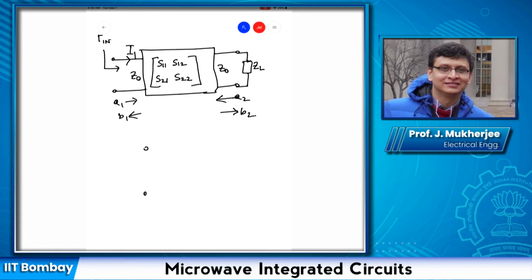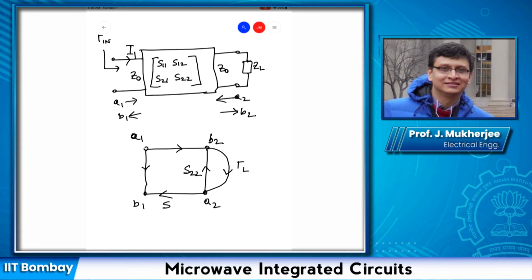So we start with the four nodes, that is A1, B1, A2, B2. Okay, this is like this, like this.